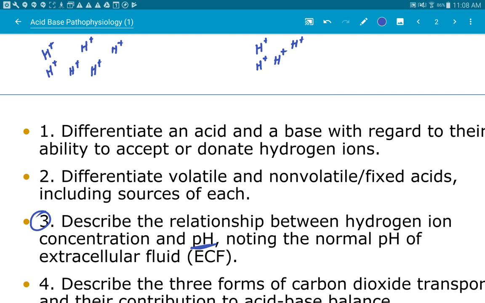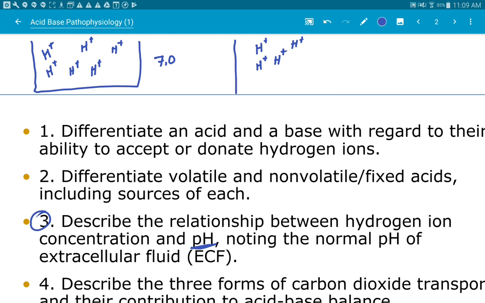Solutions that have lots of hydrogen ions have low pHs, right? Low numbers. So I'm just making stuff up, but if there's a lot of hydrogen ions in here, maybe there's a pH of 2, which would be non-biological. You couldn't live with a pH of 2. That's way too low. Biologically, we would say someone's got a pH of low 7s, 7.0 or something.